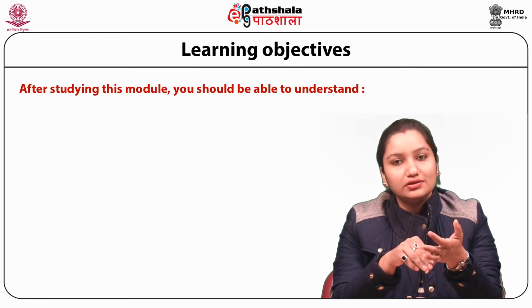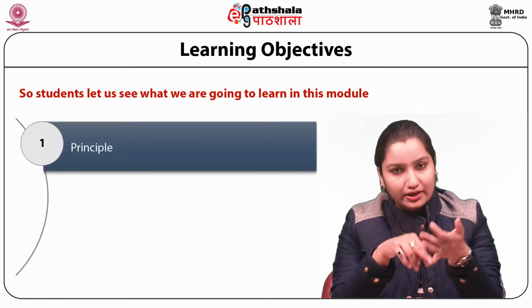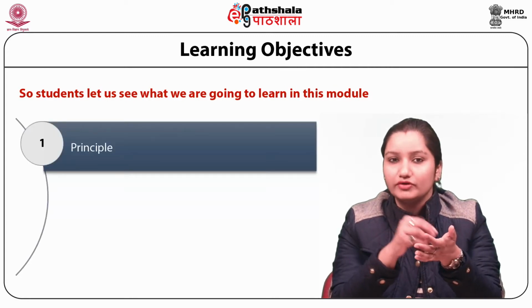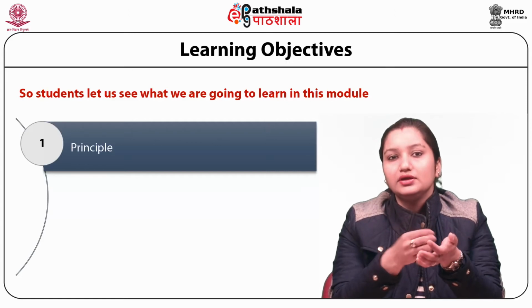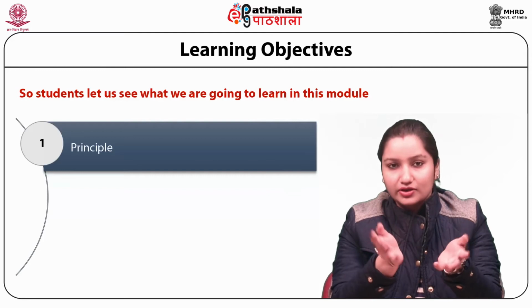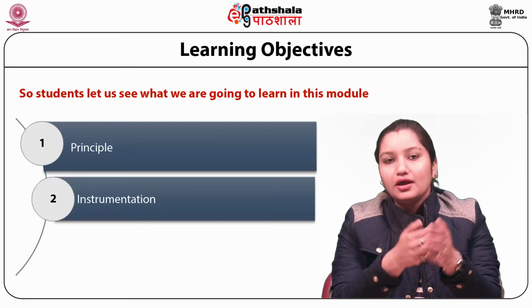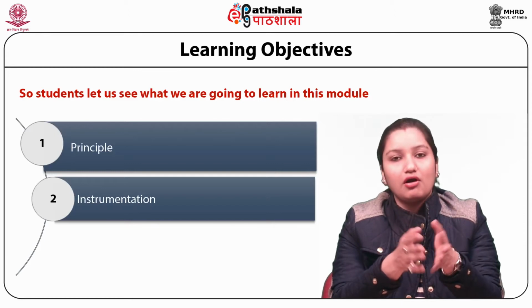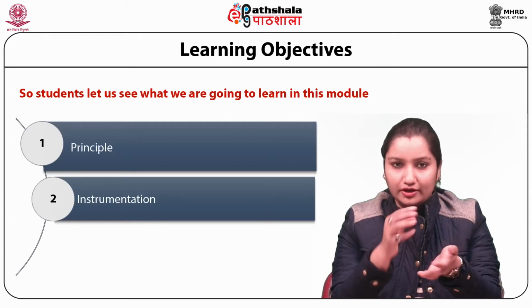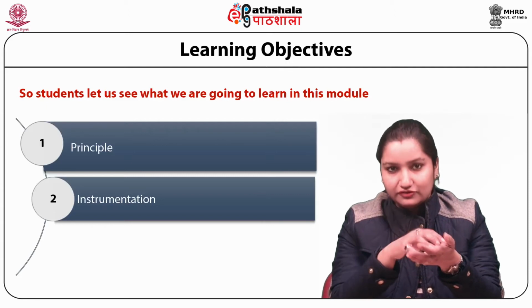We are going to learn first of all about the principle of the FTIR, the principle on which the instrument taking the Fourier transform under the infrared radiations is based on. Secondly, we'll study about the instrumentation of the FTIR system, that is what are the various components of the FTIR system.